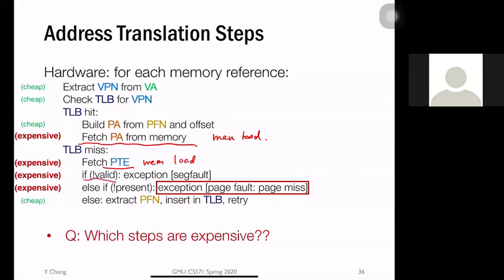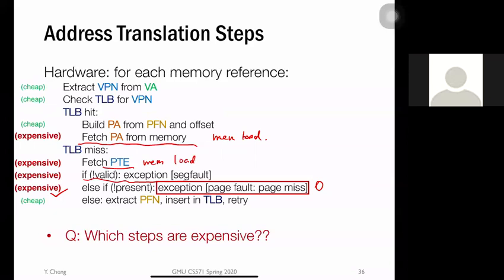And in this step, if the valid bit is 0, meaning it's invalid, this is much more expensive compared to the memory load because the operating system will kick in and queue this process, which is out of the scope of today's lecture. So let's just skip that. Moving on to the next expensive step, we check whether the present bit is 0 or 1. If it turns out the present bit is 0, it raises a hardware interrupt, which is a page fault interrupt, meaning there's a page fault, a page miss.